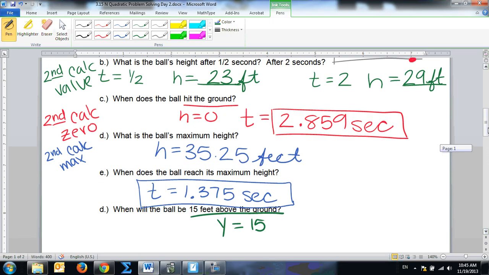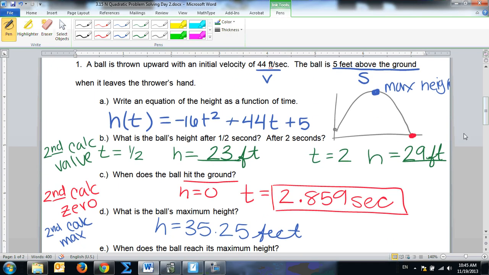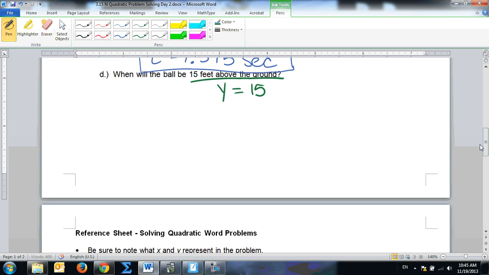So what we want to figure out is when the path of this parabola, the path of this ball, hits 15 feet. How many times do you think it's probably going to happen? Twice.